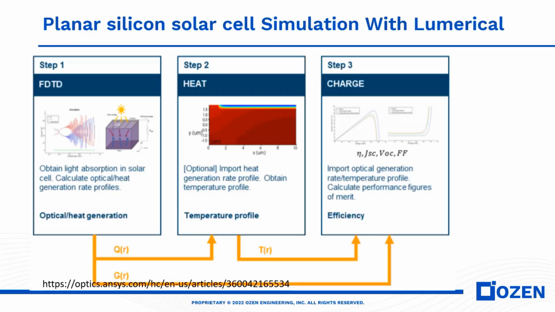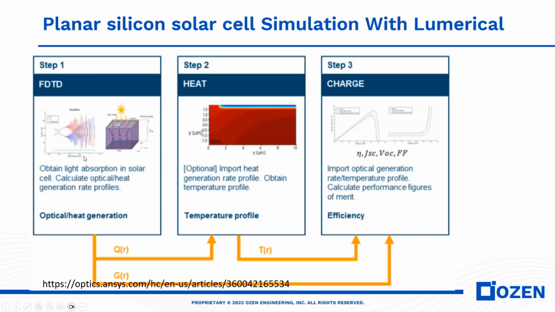A simple example: this is a planar silicon solar cell simulation with numerical. The first step is FDTD. In FDTD, we calculate the optical and heat generation rate profiles. First, I will show a quick demo of how we can generate this profile with the FDTD, and then I will show a heat demo and then a charge demo.